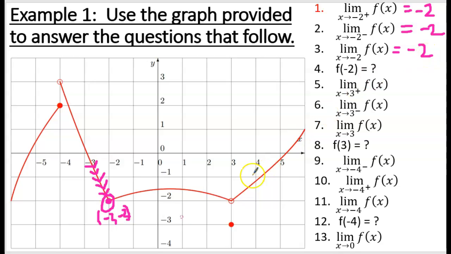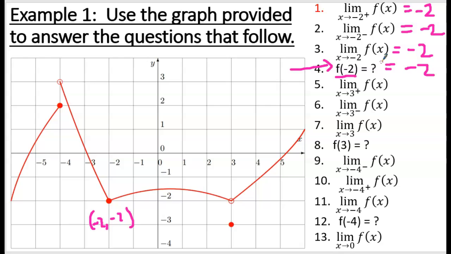Awesome, right? Now, this is going to seem stupid also, but just bear with me. It won't seem stupid after we finish. What is f of -2? Now, when I write this, I'm not asking what is it approaching. I'm asking what is it. So when x equals -2, what is the y value? Well, the y value is -2. Oh my gosh, they're all -2.